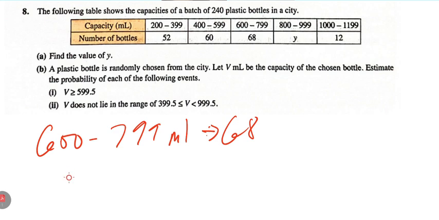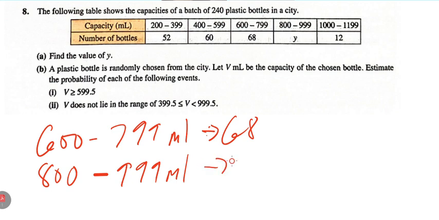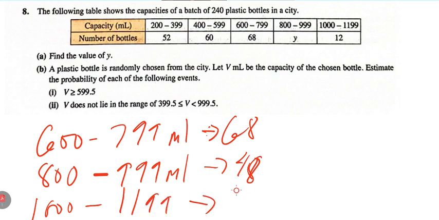For the next one, 800 to 999 ml, that's about 48 bottles. And for the last one, 1000 to 1199, that's about 12.